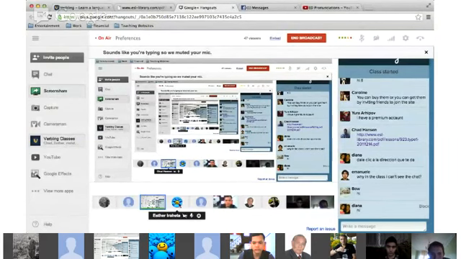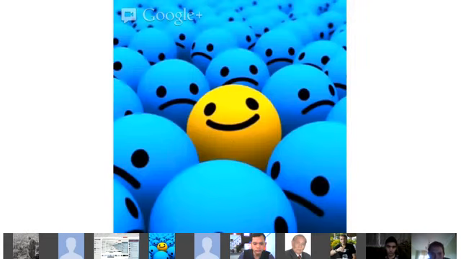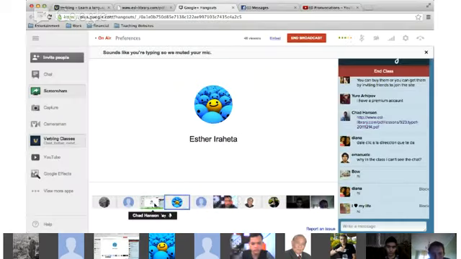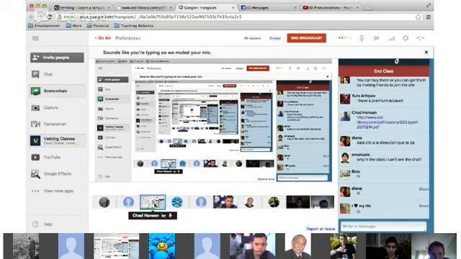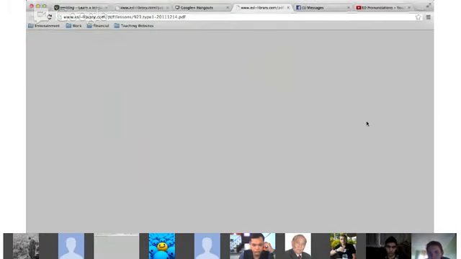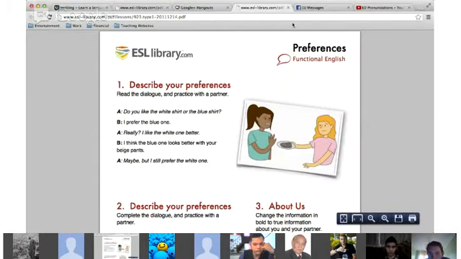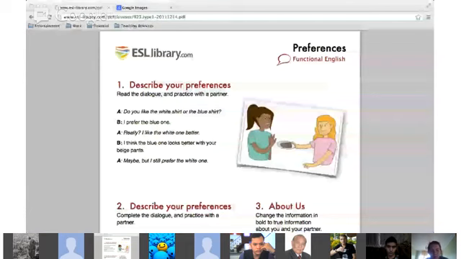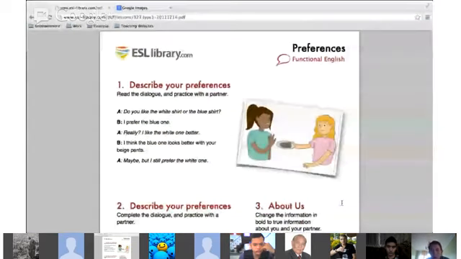For example, I can select Esther, and I will only see her screen when it comes up. But if I select my name, I will see everything from my screen. So if you are looking at my screen, all you need to do is click on that link, and it will open up the page that we'll be looking at. Please do that, and we will get started.